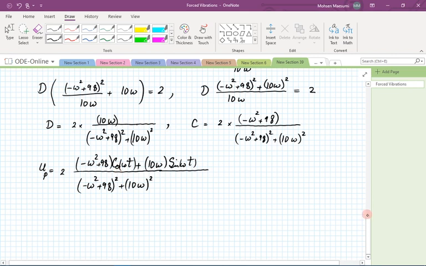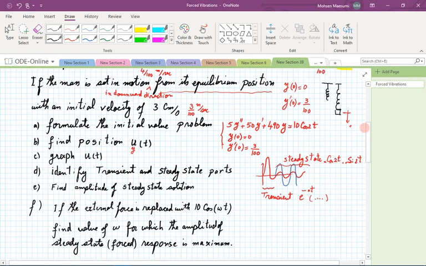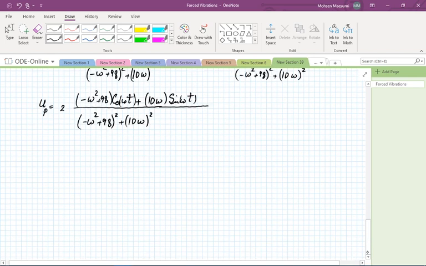So the problem was asking what? Okay, formulate the initial value problem. That was the easy thing. Find a position. That is, I want to find the solution. Once you have the solution, then you can graph it and then do all of these things. And so let's go ahead. What is the general solution? General solution is the homogeneous plus the particular.